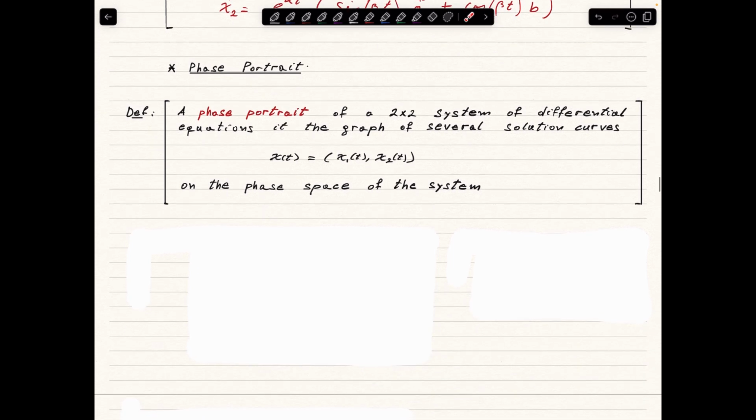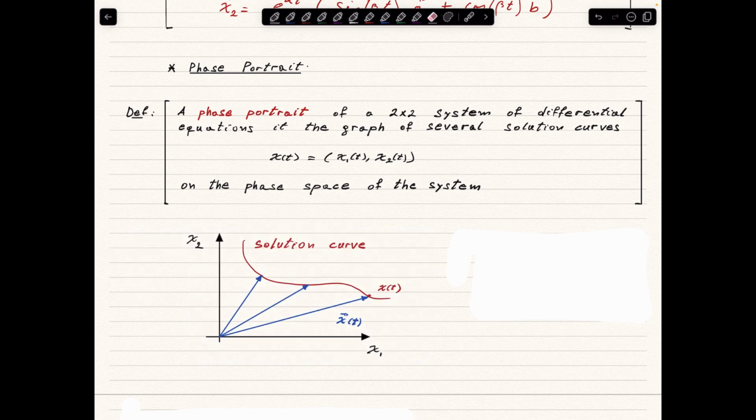Recall that the phase space is the space where we were graphing the vector field, with components x1 and x2. We graph the values of the solution for different values of the variable t.